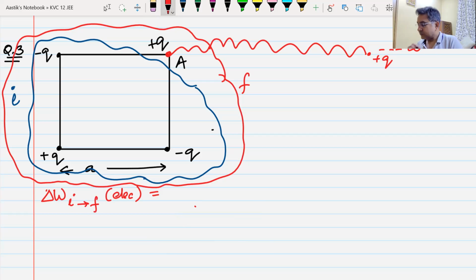Yes, sir. So work done in changing the system from the initial configuration to the final configuration would be the initial energy minus the energy in the final configuration. Do we understand this? Yes, sir. That is what you had to do. So you find out the initial energy, you find out the final energy, and then you subtract.